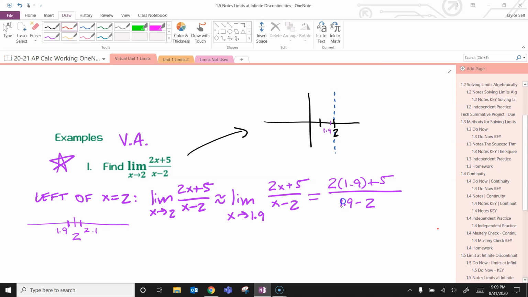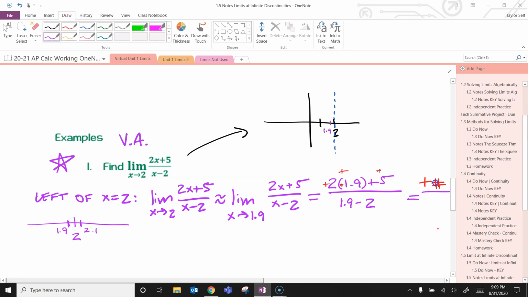Remember, we just care about the sign. So what would the sign of the top be? A positive times a positive, plus a positive. The top piece of this limit equals a positive number. We do not care what number. We just care about the sign. That's the top. Now let's do the denominator.